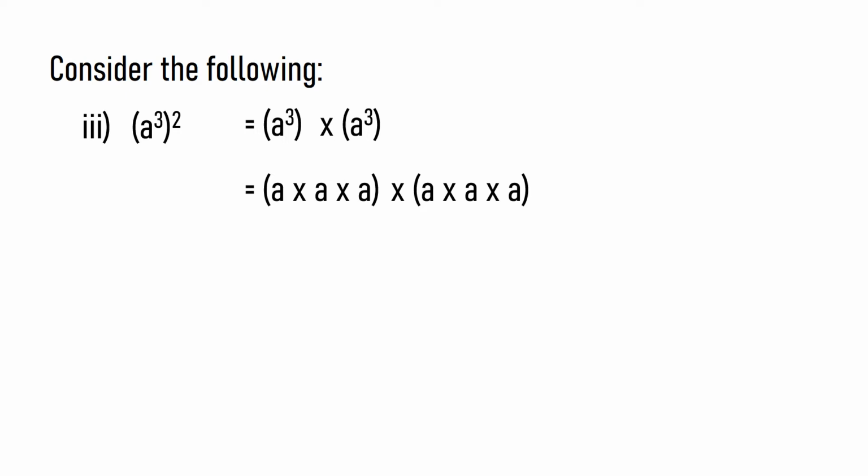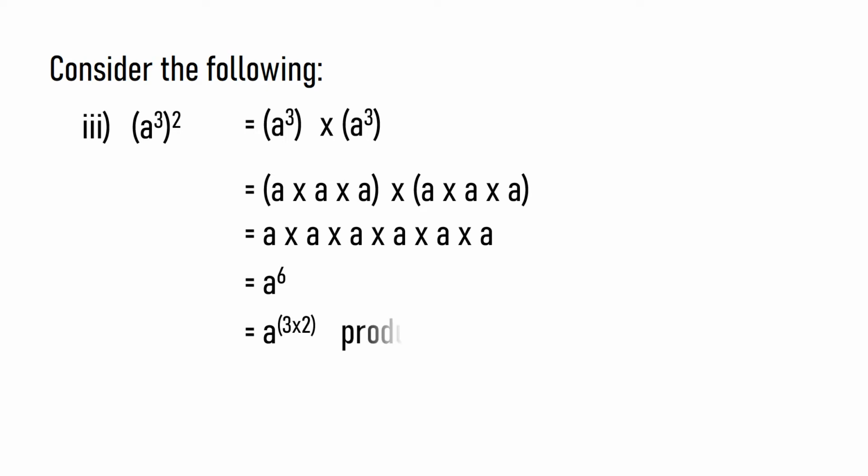Once we expand this, we get a multiplied by itself 6 times, which can be written as a power 6. A power 6 is the same as a power 3 times 2. So if we consider the powers originally that we had, it is the same as having 3 times 2, which gives us 6. This is what we call the product of powers.